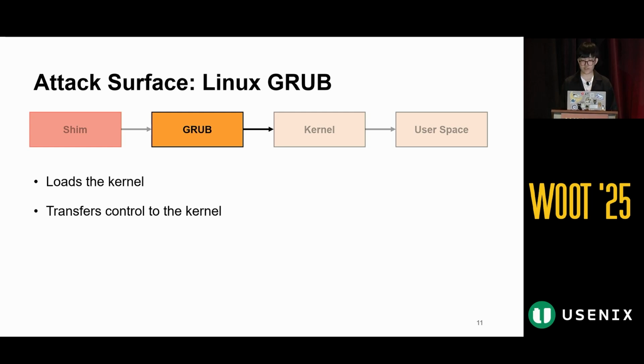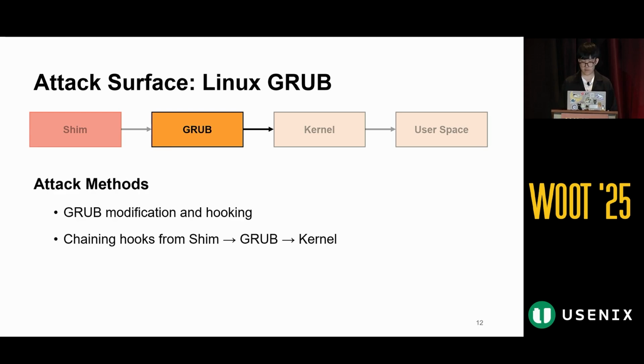If an attacker injects code at this stage, they can execute it before the kernel loads and extend the hook into the kernel, resulting in full system compromise. An attacker mostly hijacks or modifies Grub to control the kernel's execution flow. This method provides paths to inject hooks into the kernel, allowing them to gain control from the earliest stage of the system.